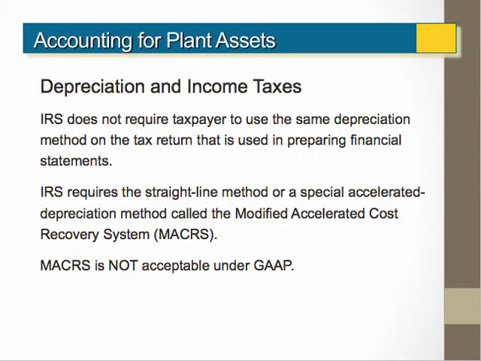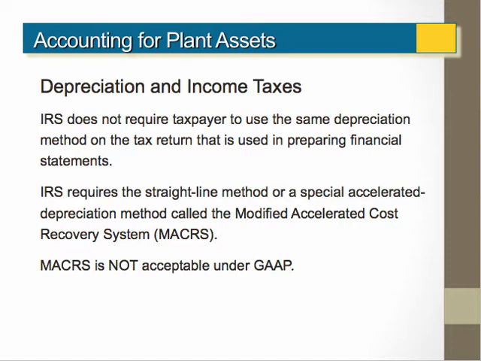Now, for depreciation and income taxes, the IRS does not require a taxpayer to use the same depreciation method for tax purposes as they use for financial statements. So therefore, on your financial statements, you can use straight line or declining balance or units of activity. For tax purposes, the IRS requires us to use a system called the Modified Accelerated Cost Recovery System.